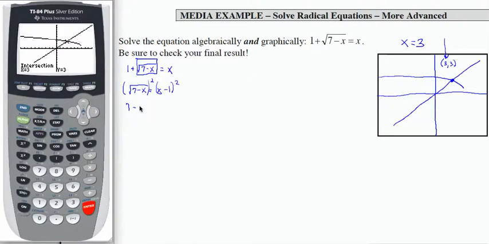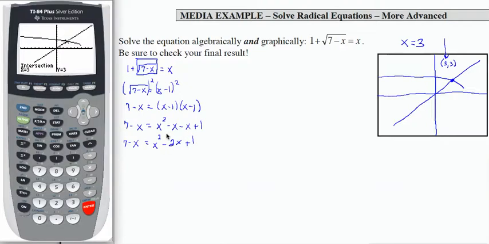So I get 7 minus x equals, now remember that when I square x minus 1, I'm going to need to FOIL. So I'm going to end up with a trinomial result. x times x is x squared, x times -1, -1 times x, -1 times -1. So I end up with 7 minus x equals x squared minus 2x plus 1.